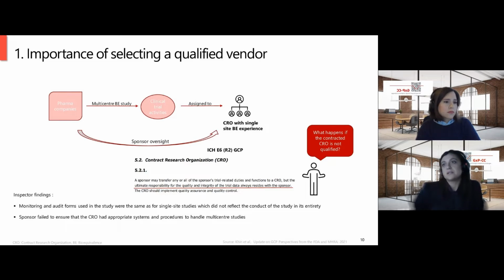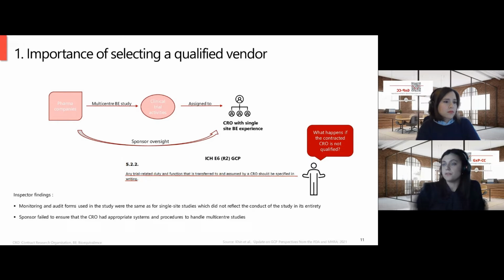So this leads us to think that sponsor oversight is a very important thing when we are outsourcing activities to a third party. And also under point 5.2.2, it says that all the trial-related duties and functions that are transferred to and assumed by the CRO should be specified in writing.